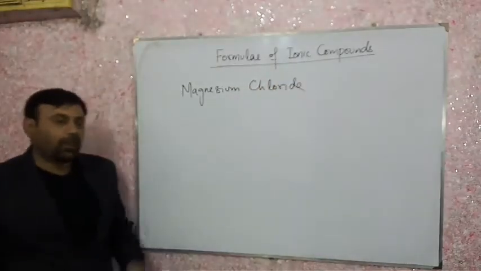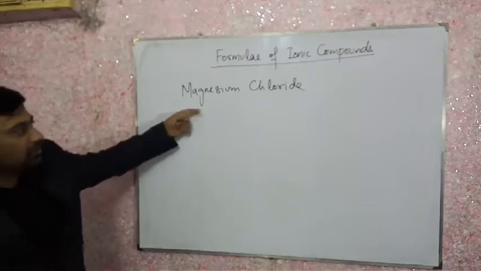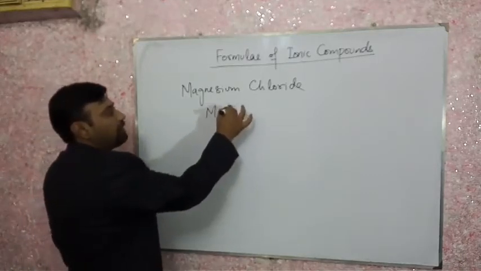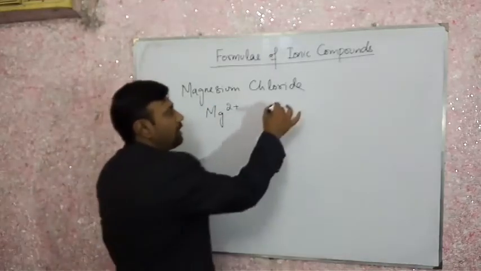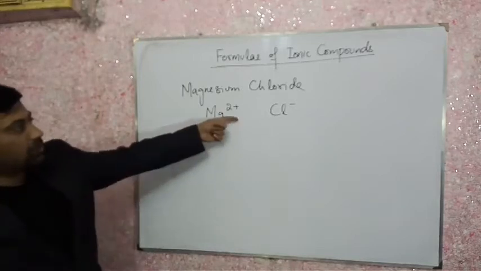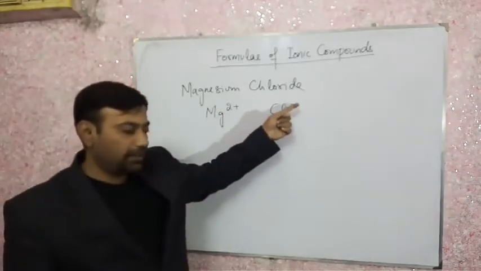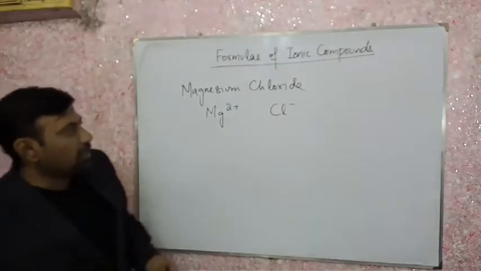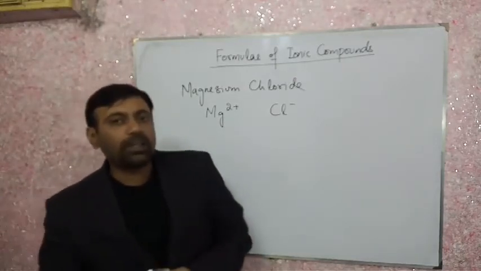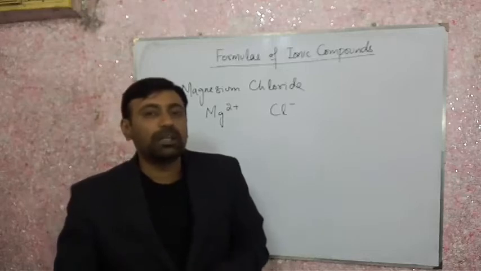For example, there is an ionic compound, magnesium chloride. Now we already know that magnesium ion has a formula of Mg2+ and chloride ion has a formula of Cl−. So this is 2 plus and the negative ion is 1 minus. Now actually the overall formula of an ionic compound has no net charge on it.